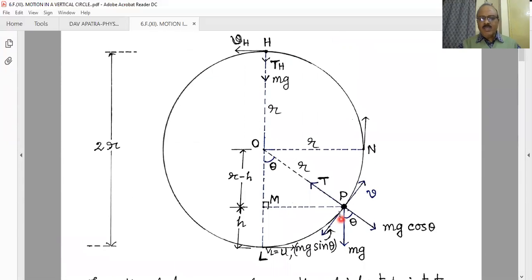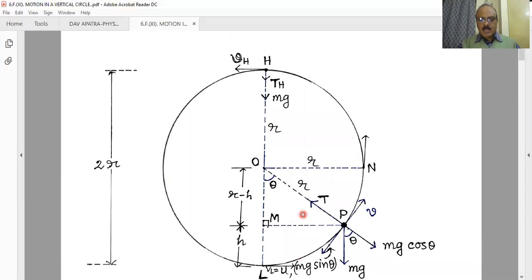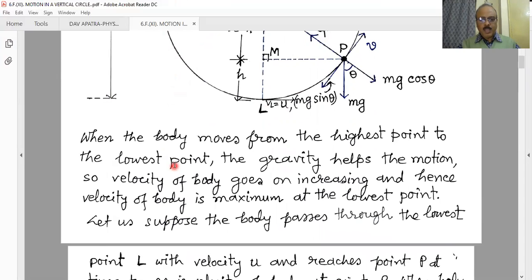That means in the vertical circular path, the speed at different points will be different. It will not remain the same. And obviously at the highest point, the velocity will be the minimum. When it moves downwards toward the lowest point L, the velocity gradually increases because at that time the gravitational force does some work on the object.